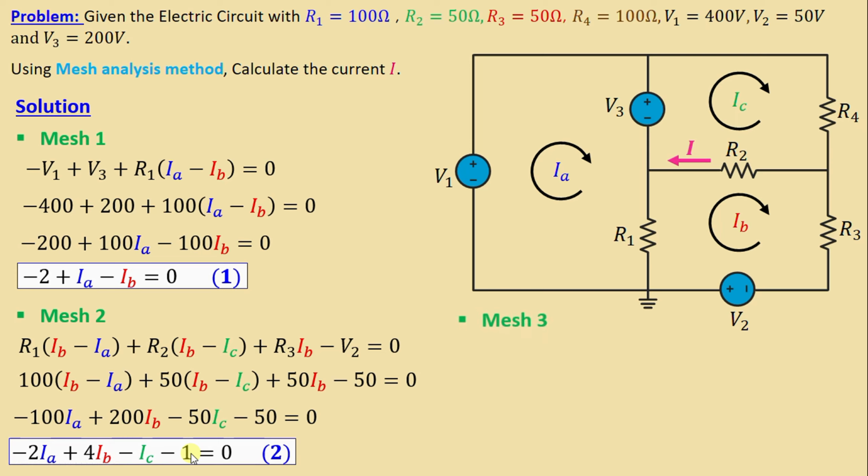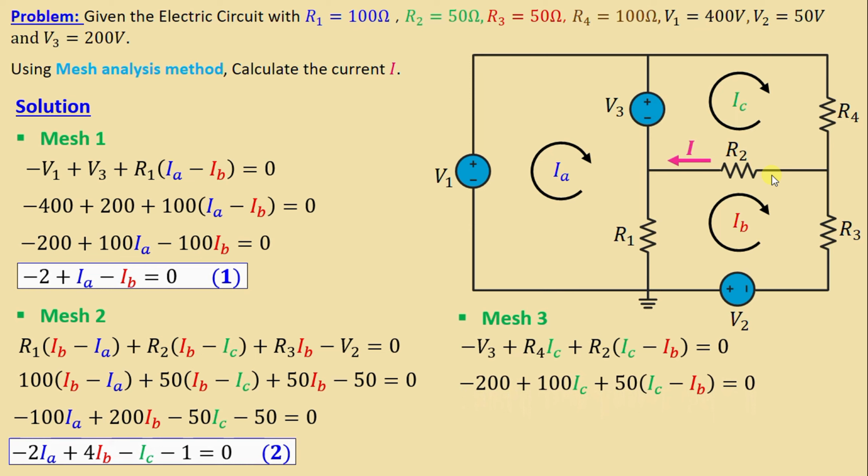Now we go to the last mesh, mesh 3. By applying KVL in mesh 3, we can write negative V3 plus R4 IC plus R2 (IC minus IB). By replacing the resistors and voltages with their numerical values, we obtain negative 200 plus 100 IC plus 50 (IC minus IB) is equal to 0.